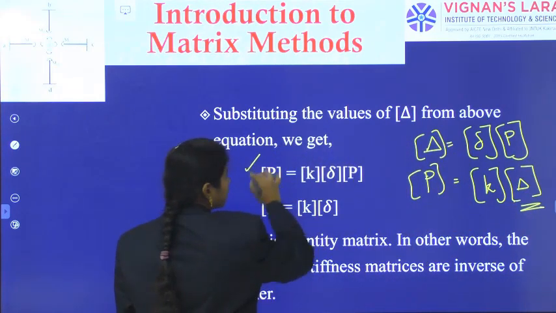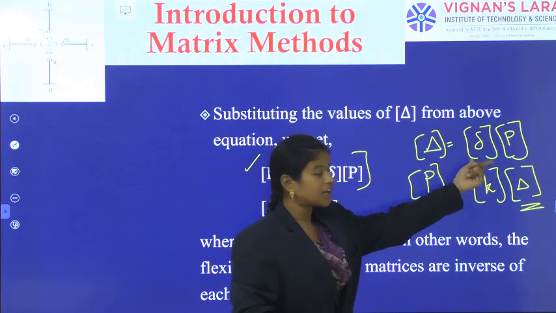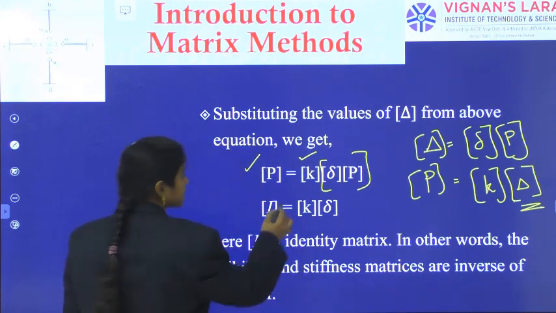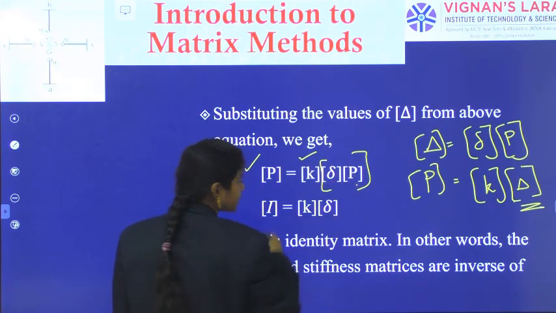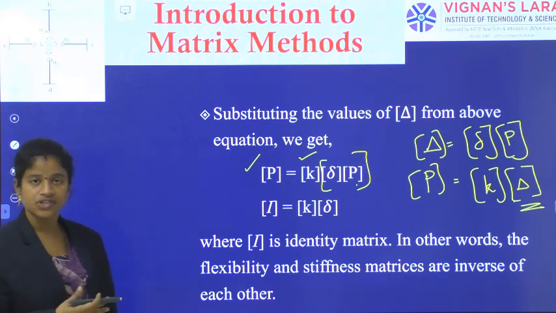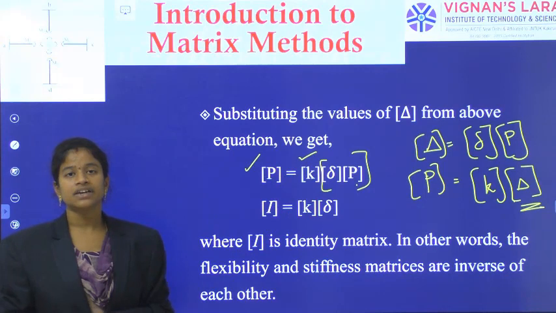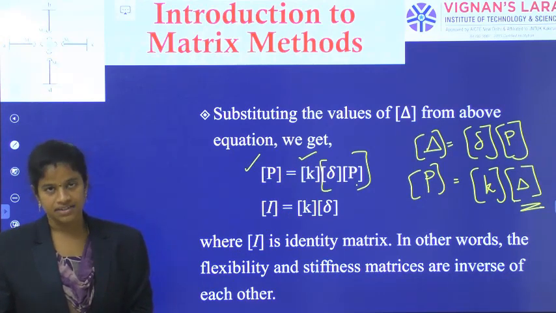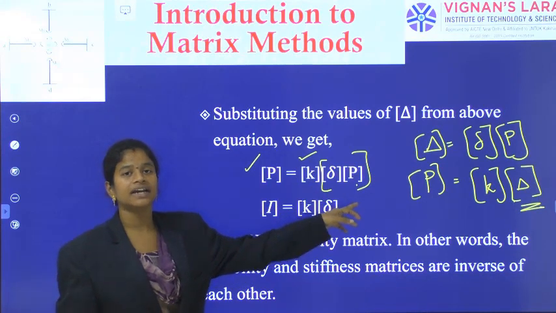Okay, this P into K into delta times P. And this P, once you take it here, cancellation of P and P, basic matrix conditions, you know, right? So cancelling the P, the multiplication will give the I unit matrix. Okay. So this I matrix or the unit matrix will come, that is equal to K into delta.